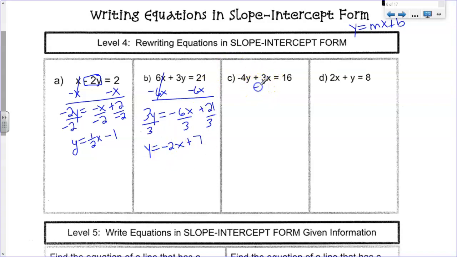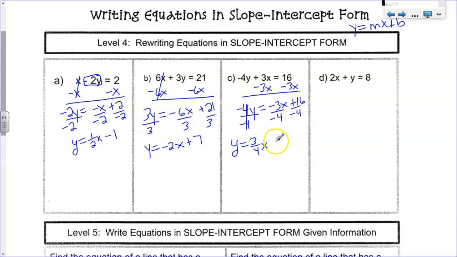So here I need to move the 3x. So I get negative 4y equals negative 3x plus 16. Divide by negative 4. So y equals negative divided by negative is positive 3 over 4x.